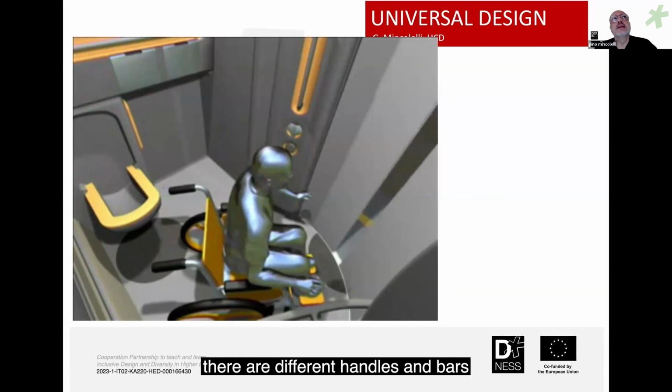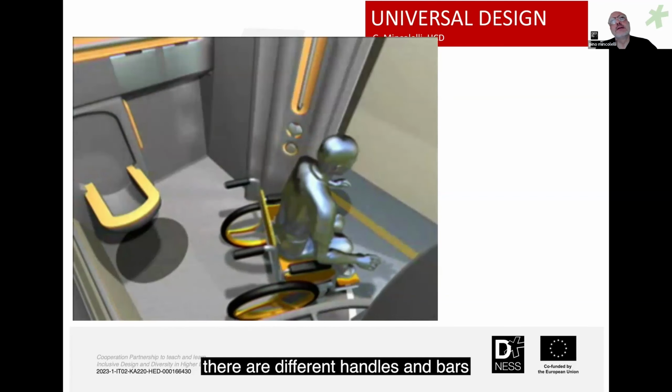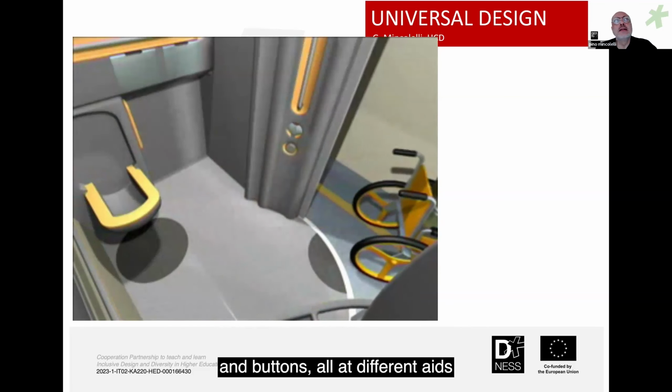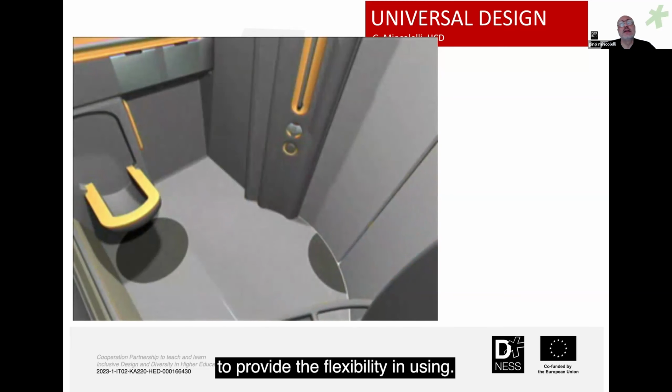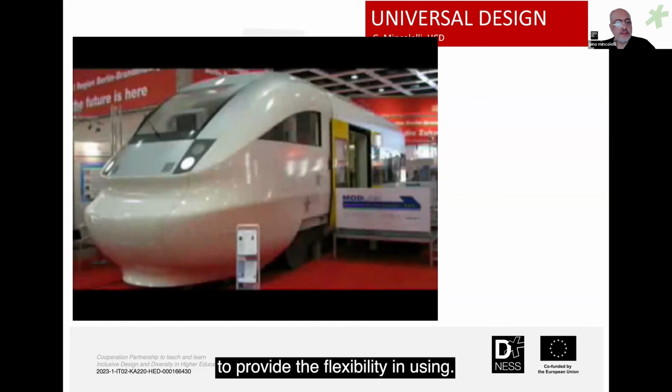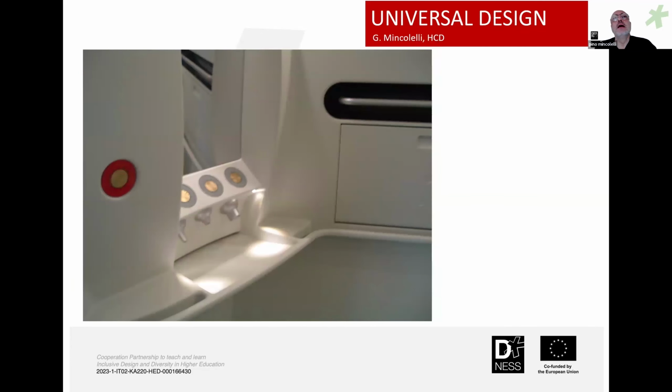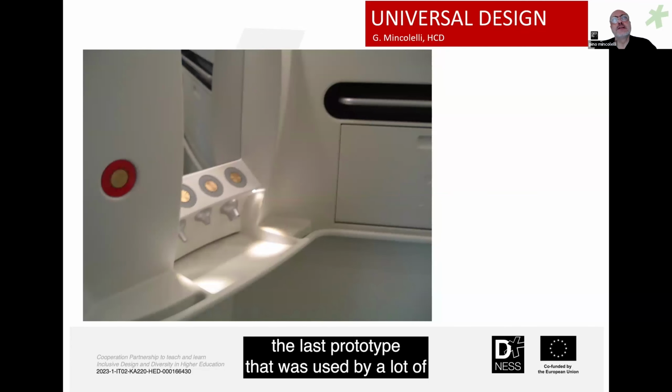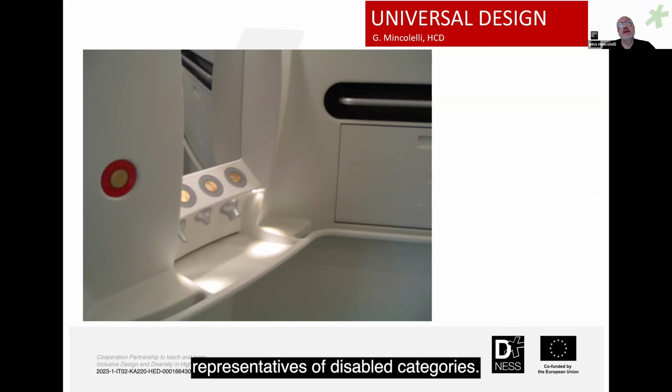As you can see, there are different handles and bars and buttons or other aids to provide flexibility in use. And this is the last prototype that was used by a lot of representatives of disabled categories.